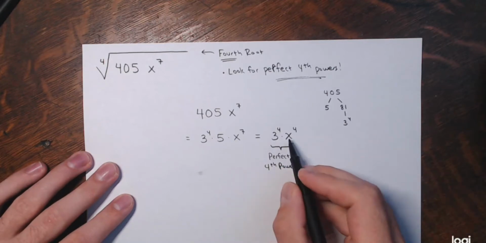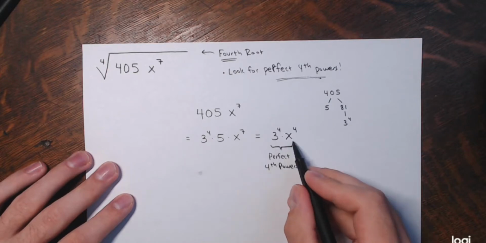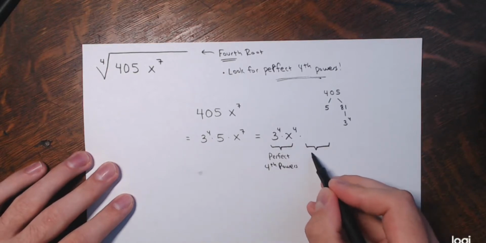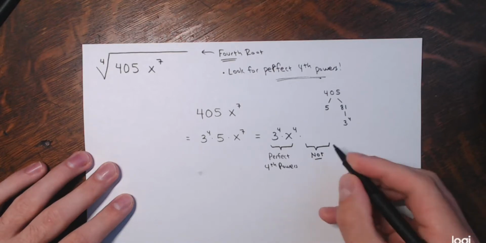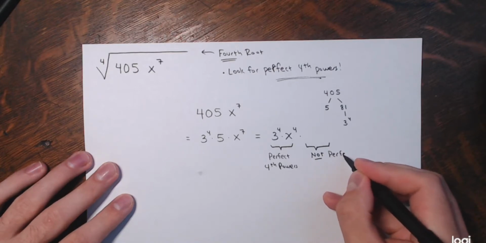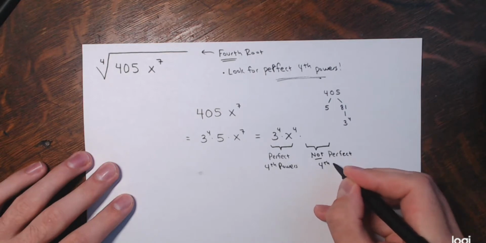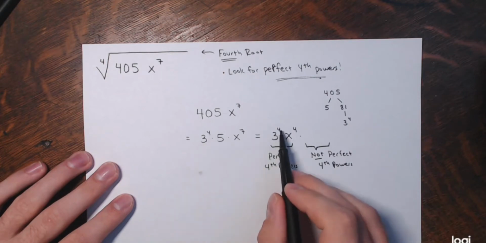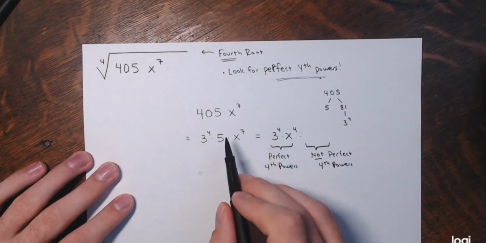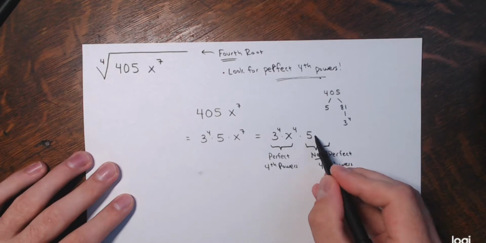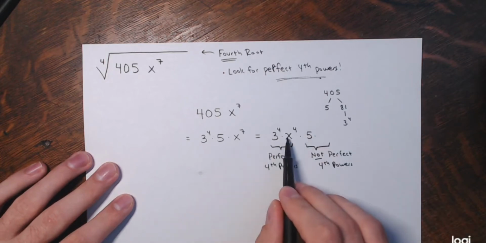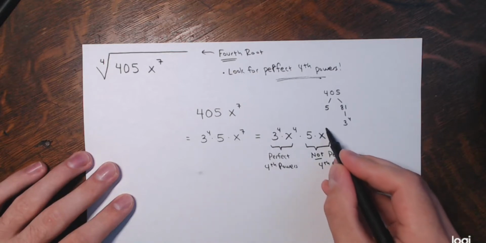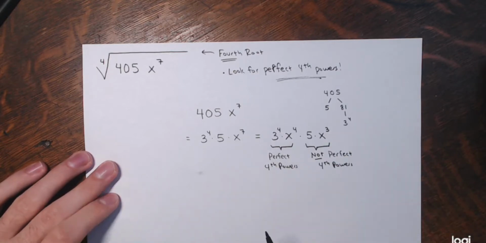Alright, so I'm going to rewrite this as a product of perfect fourth powers, and then the rest of it will be not perfect fourth powers. Well, the rest of it: 3 to the fourth, I've already used all factors of 3 here. There's still a 5 to the first left, and I've used x to the fourth, 4 factors of x, so there would be 3 left, x cubed, making the x to the 7th.